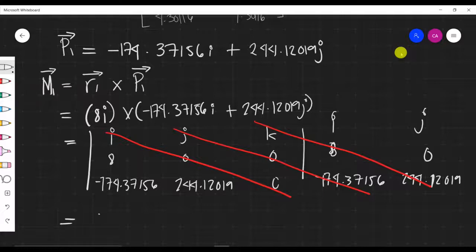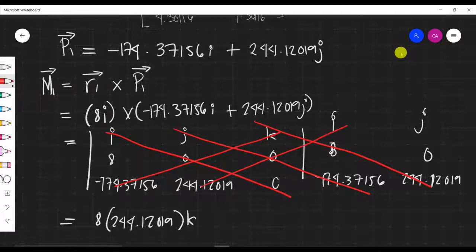So magiging 8 times 244.12019 k, 0, 0, 0. Okay, tama ba? 0 ba?